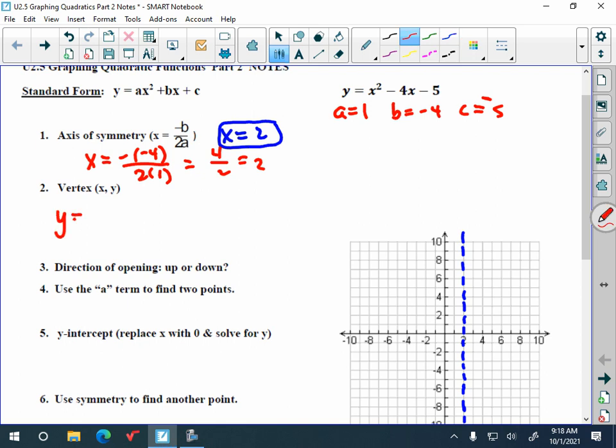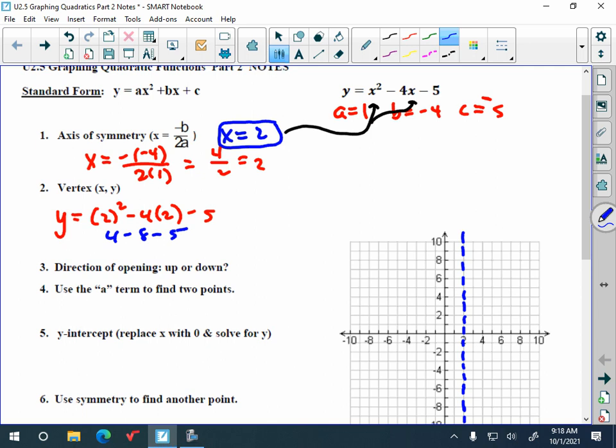So y equals, use parentheses, 2 squared minus 4 times 2 minus 5. We're just substituting this value in for both x's. Now it's just order of operations, PEMDAS. That's going to be 4 minus 8 minus 5.